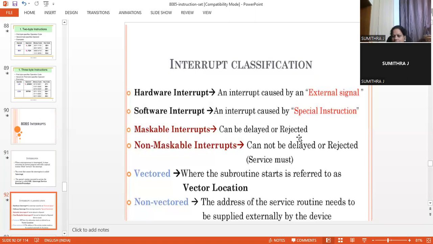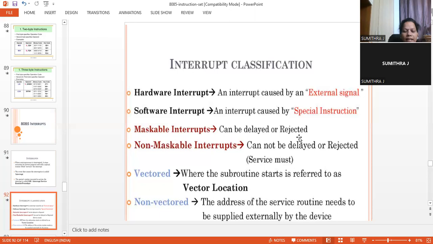Whereas in example A, student A doesn't mention the location where he wants to go. He just asks me permission for going out. Only the person knows where he will be going, whether to the canteen, to the library, or somewhere else to have a chat with friends, right? So vectored means if the location of the interrupt is very well known to the processor, then it is known as a vectored interrupt. If the vector location of the interrupt is not known to the processor, it is a non-vectored one, right?